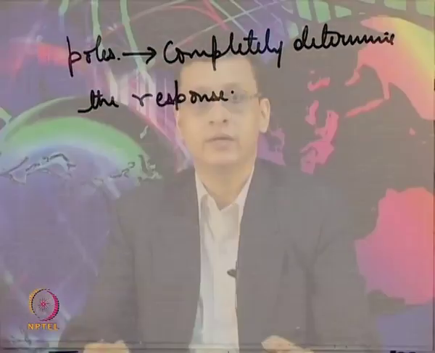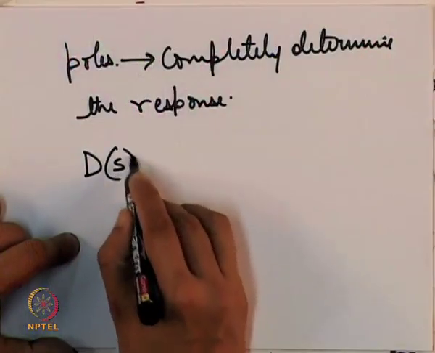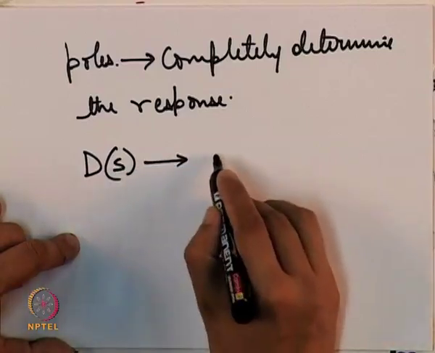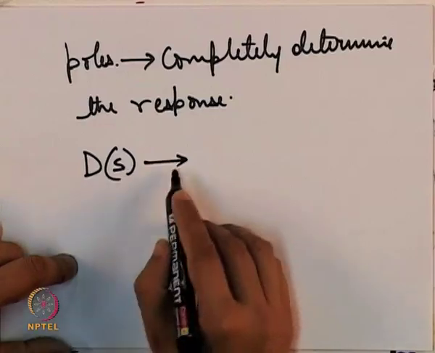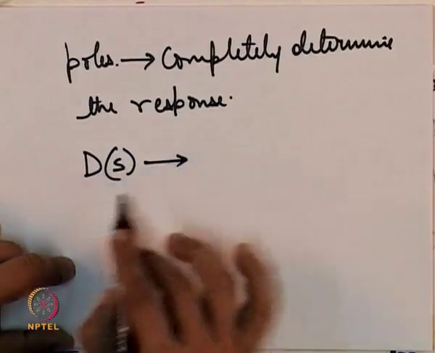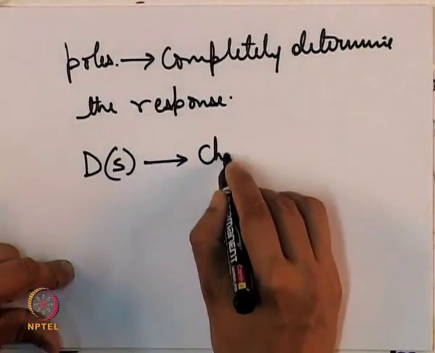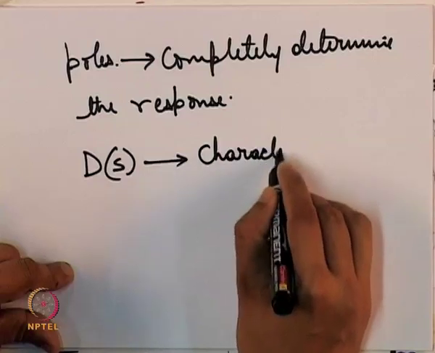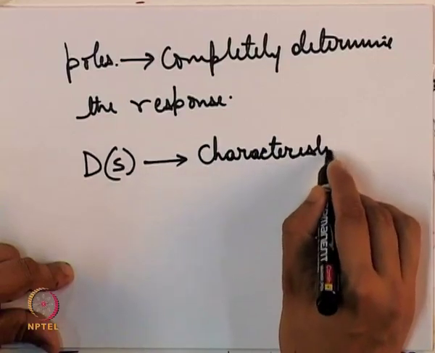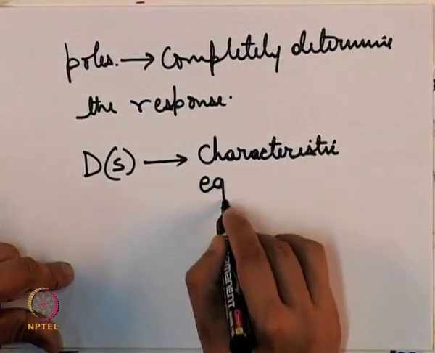They are more important than the numerator, as you can see, because the output will depend on what the values of the poles are. Now, the denominator polynomial is the source of the poles, right. Since the poles play an important role in determining the overall response of the system, this denominator polynomial is also sometimes known as the characteristic equation.